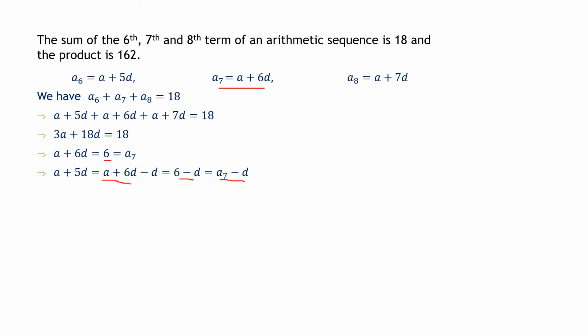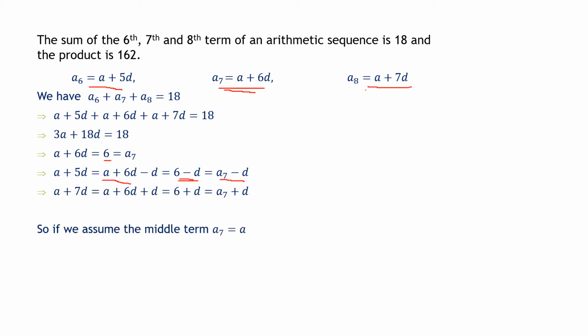Then the eighth term a plus 7d can be written as a plus 6d plus d. Now again a plus 6d is the seventh term and a plus 6d is 6. So we write 6 plus d. So what you can see here, the seventh term is the middle term. The sixth term is the seventh term minus d. The eighth term is the seventh term plus d.